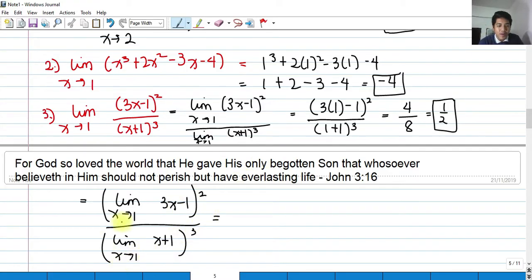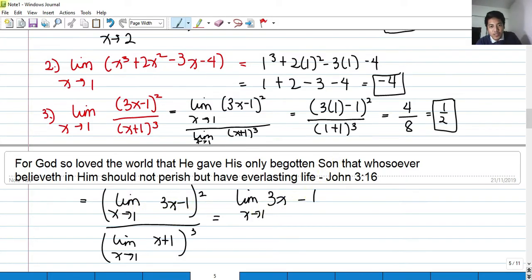That is still the same. Evaluate this. So we have the limit of 3x as x approaches 1. Let me just rewrite. The limit of 3x as x approaches 1, that is a difference.